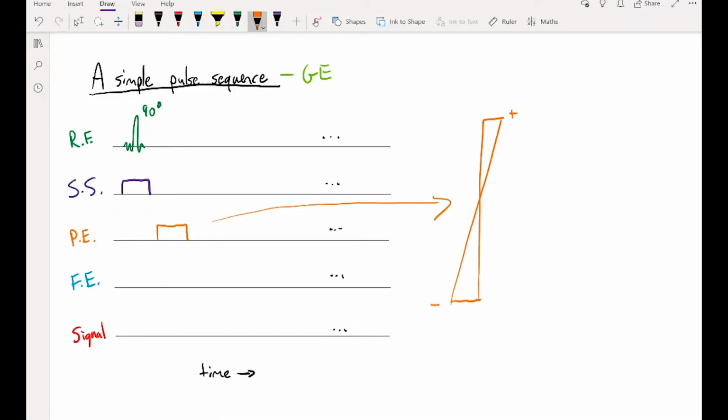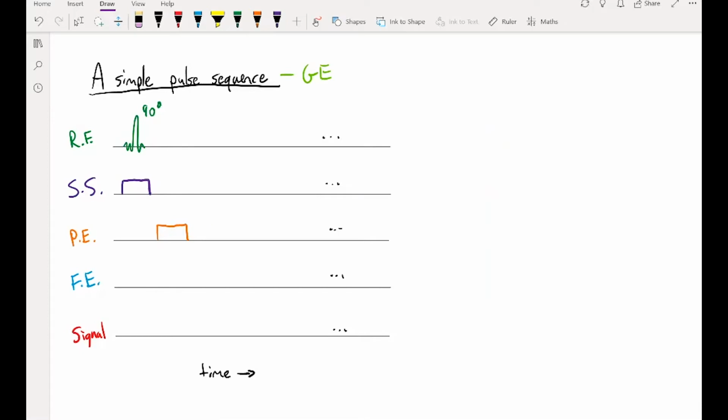That's determined by the height of the box. All that's representing is that in the y direction, we've got a gradient that is applying or encoding phase such that the spins that are further along the y direction are going to be ahead in phase, and the ones in the negative y direction are going to be behind in phase. And we'll dig a little bit into that later on.